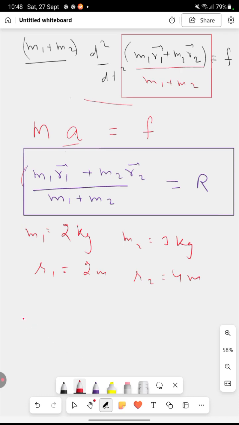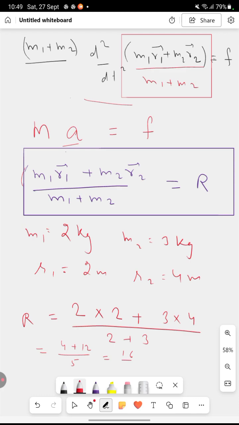From here R will be equal to m1 into r1 plus m2 into r2 upon m1 plus m2. This will be equal to 2 into 4 plus 4 into 12 upon 2 plus 3, that is 5. This will be 16 upon 5. This will be the point of center of mass for a two-body system with masses and distances given.